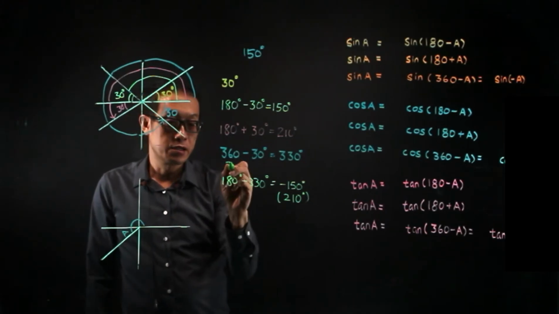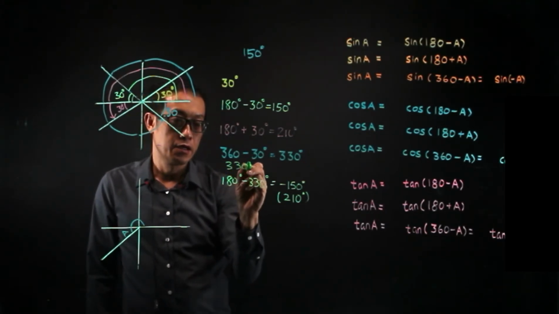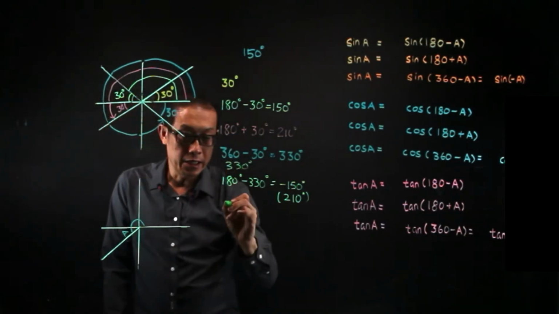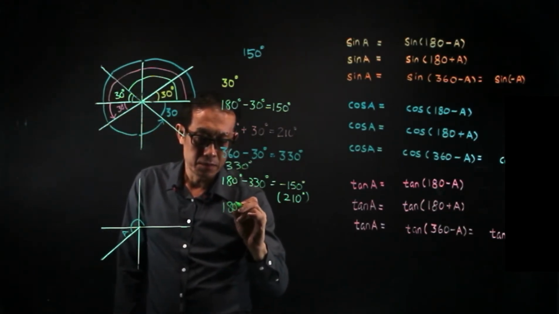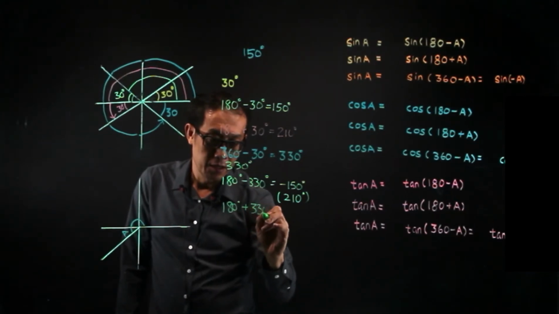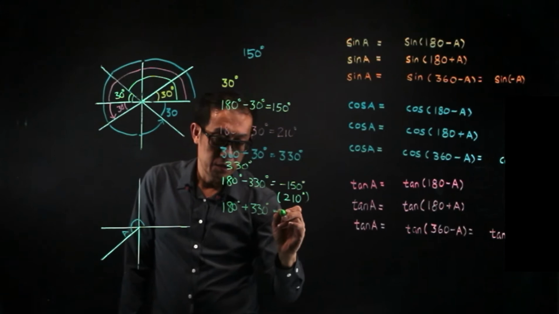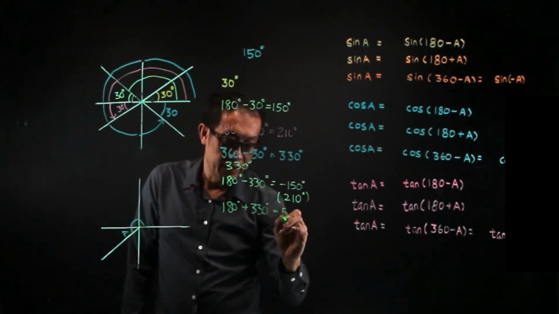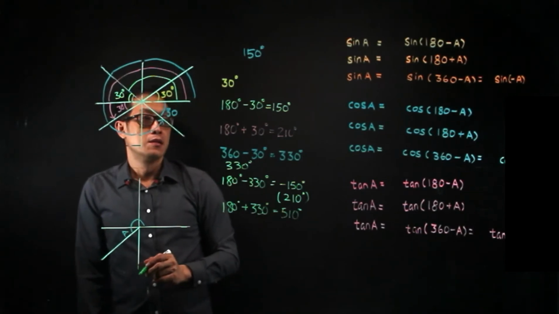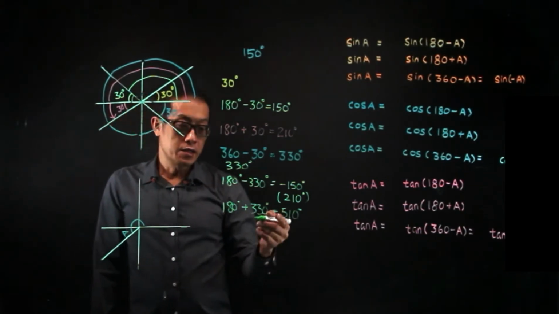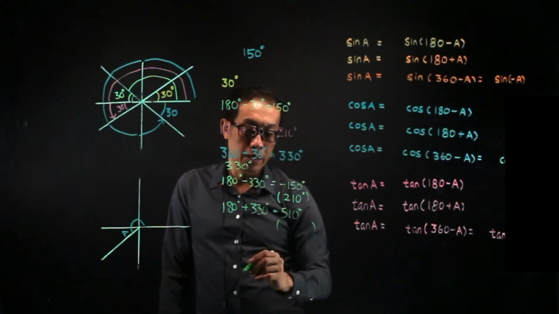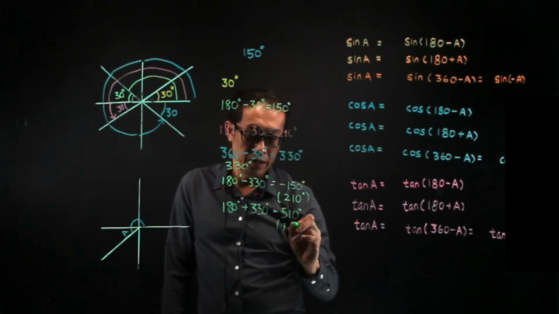Now we are using 330. Let's try this: 180 plus 330. You get 510. Now 510, if you subtract 360, you get 150.